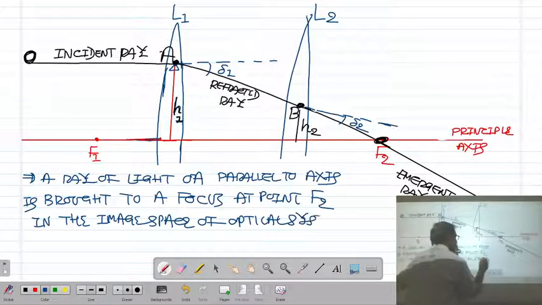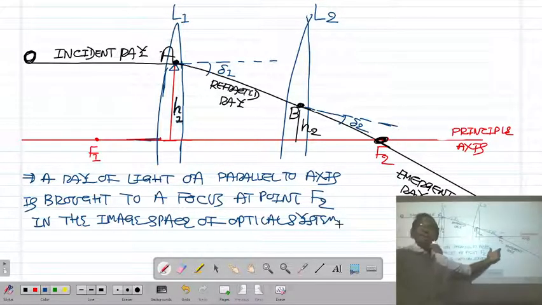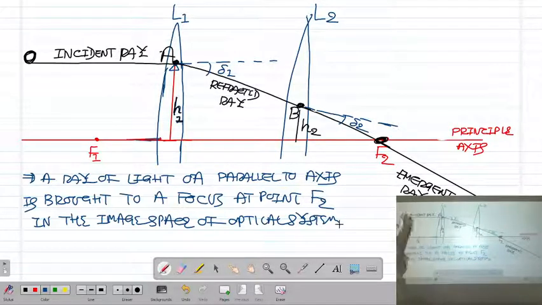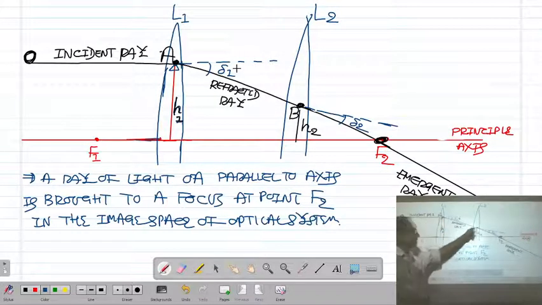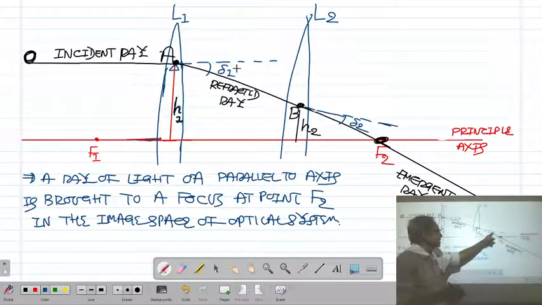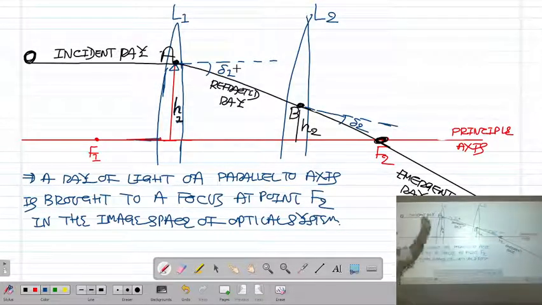So let us consider a ray of light OA traveling parallel to the axis. It undergoes deviation delta 1 in lens L1 and travels in the direction AB. Again it undergoes deviation delta 2 in lens L2 and travels in the direction BF2.